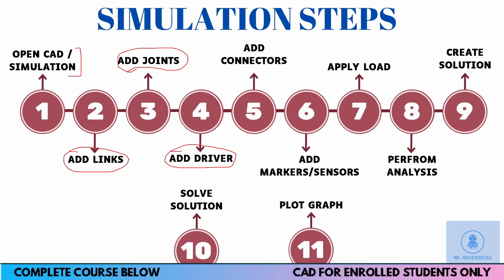We saw the list of drivers that are available. You can use any one of them based on your simulation. And then we are going to use a connector like gear coupler, etc., or rack and pinion. Next, we can add markers and sensor. This is an optional step. So for marker, if I tell you, you can place a coordinate system on your sample and see the reference.